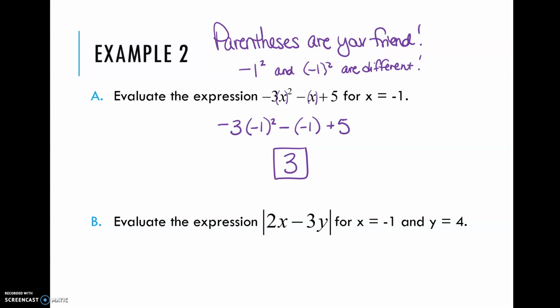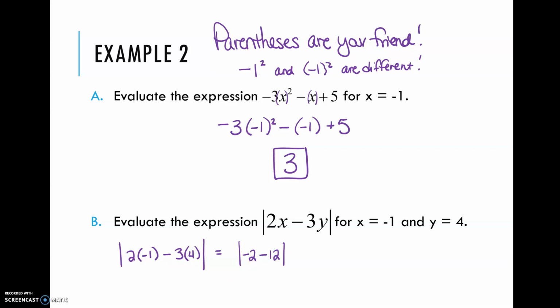For example B, this is absolute value. So we have the absolute value of 2 times our x value, -1, minus 3 times our y value of 4. 2 times -1 is -2. 3 times 4 is 12, and there was subtraction in front of it.